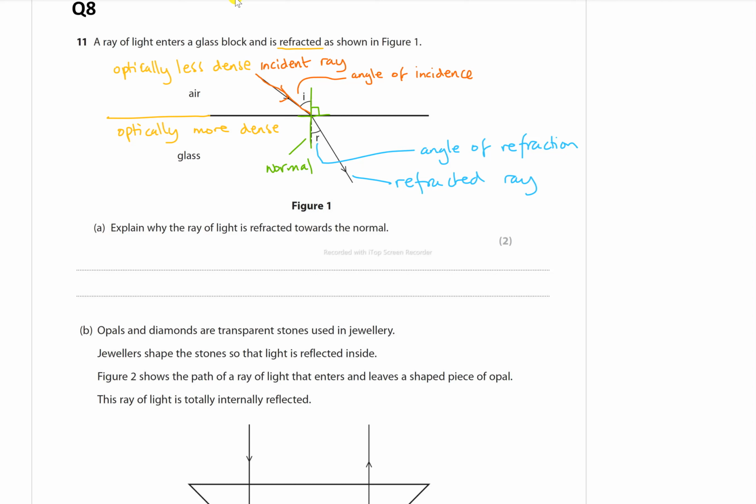Right, when you go from an optically less dense medium to an optically more dense medium, the refracted ray moves towards the normal. I always get this wrong, so just try to remember it.